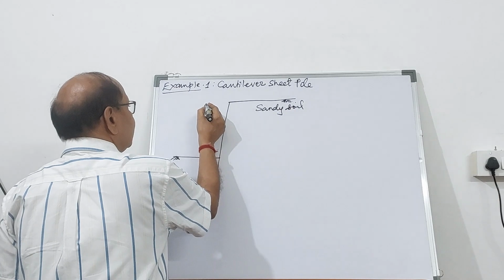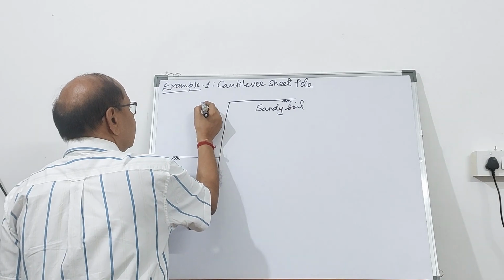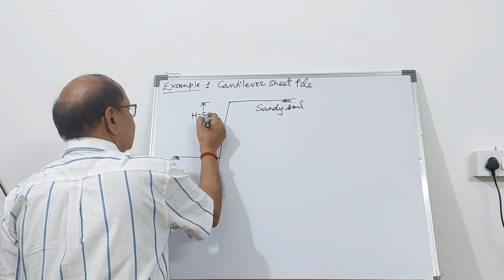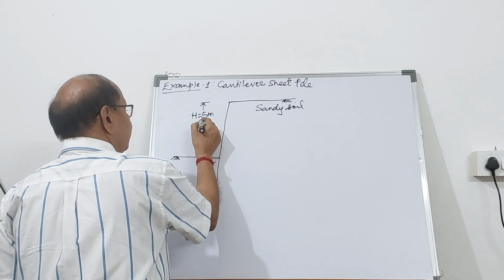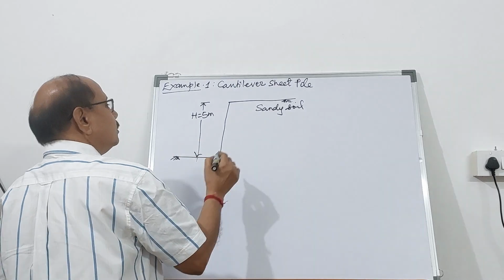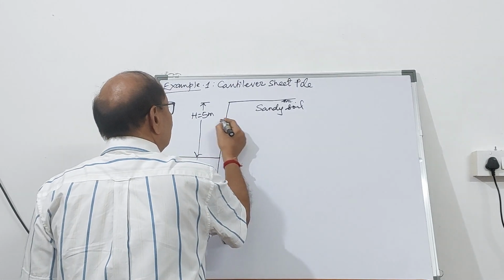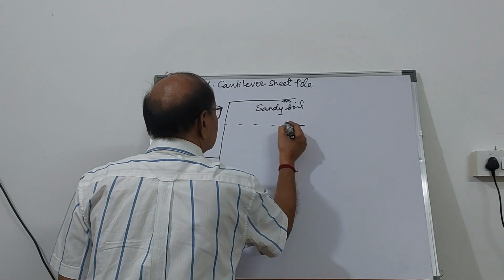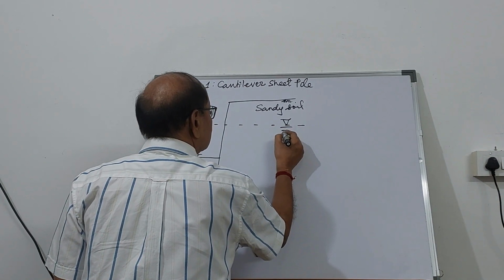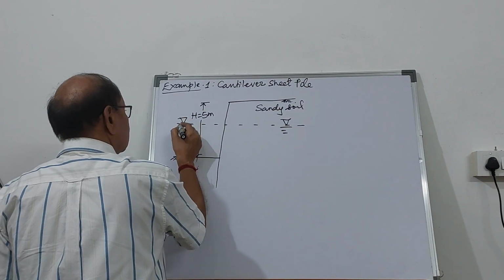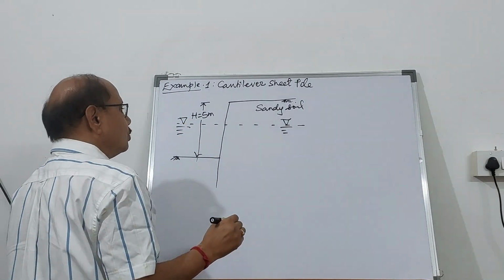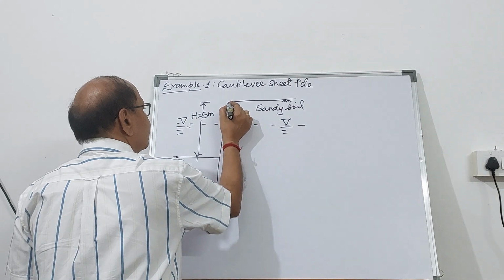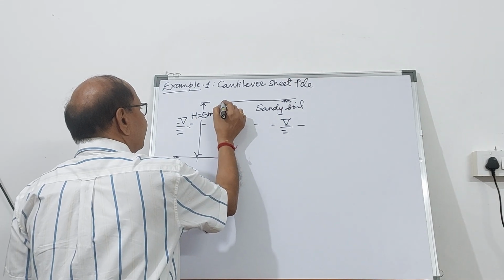Let's say the height of this cantilever sheet pile is 5 meter. So, and the water table is at a depth of 2 meter from the top of the backfill.